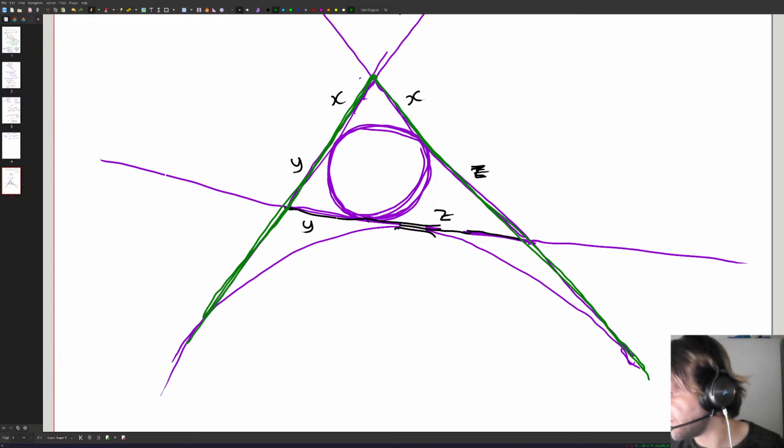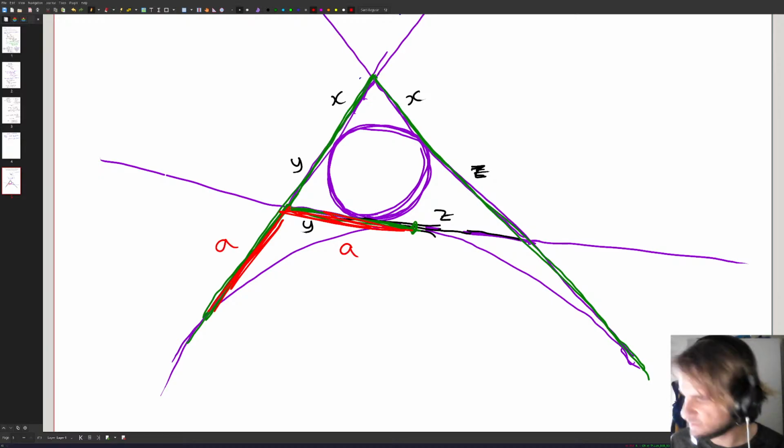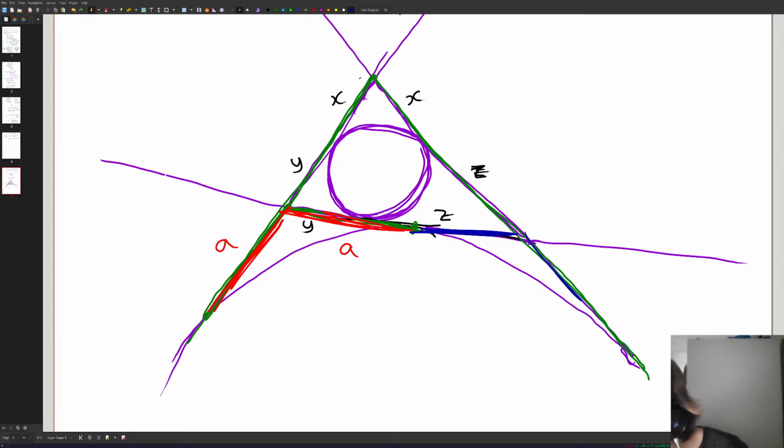And also, this is going to be equal to this. So let's give that a color. This thing in red is equal to this piece in red, and let's call that A. And this piece in blue is equal to this piece in blue.